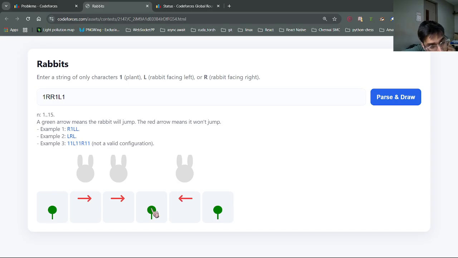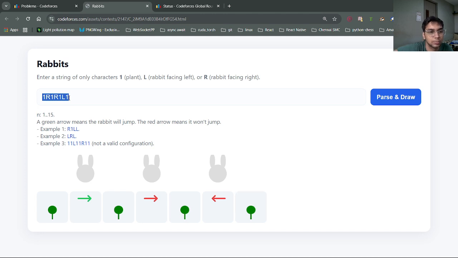Oh, okay, this is fine then, because there is a rabbit already here, so this thing is fine, but this is not, right? Okay, so this one is fine, I guess, but the older one was the issue, right? So we need to sort of fix them as we go along. Where will we make them point?